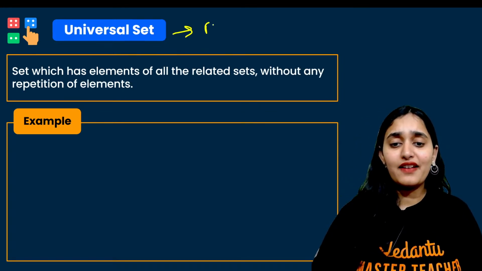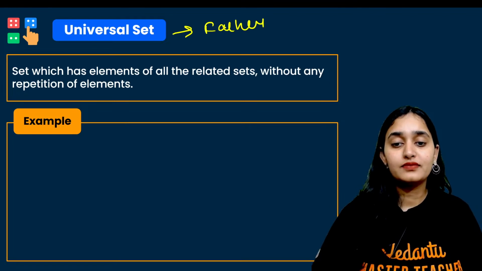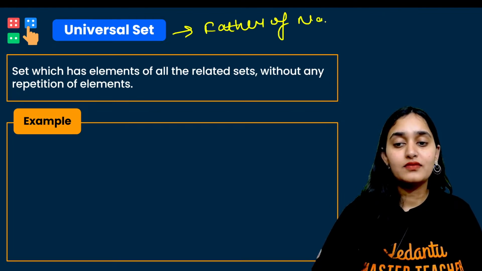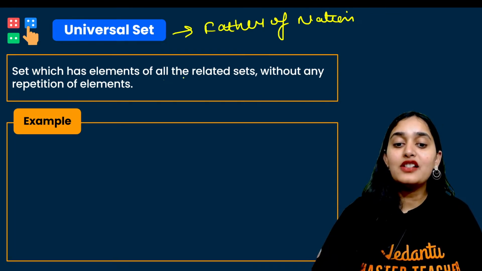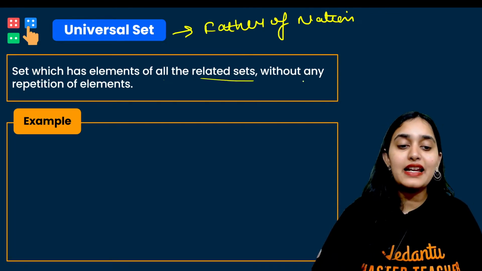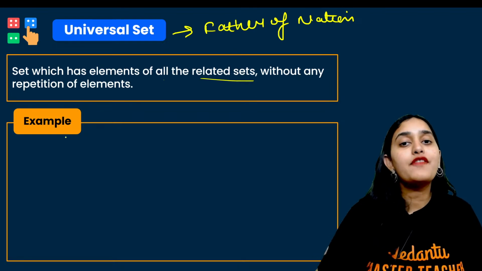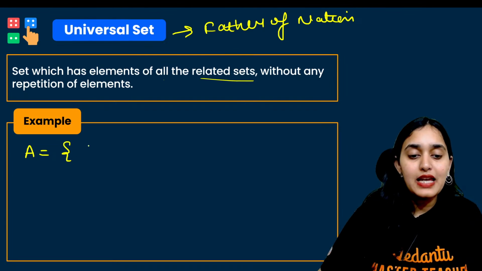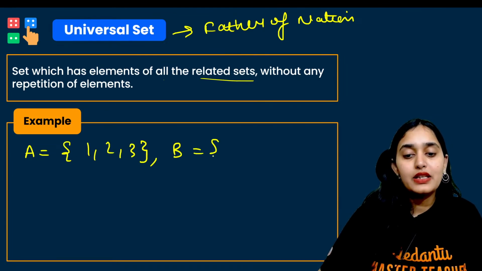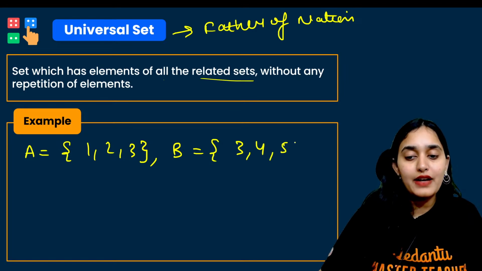It is like father of all, father of nation. A set which has elements of all the related sets without any repetition of elements. Suppose that I have a set A which has 1, 2, 3. I have a set B which has 3, 4, 5.